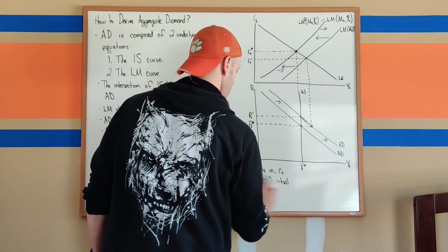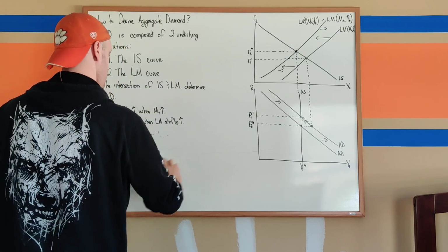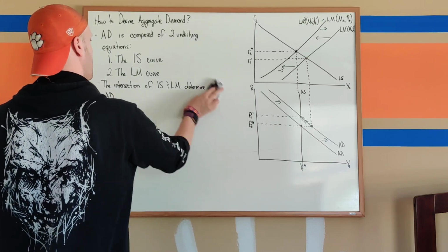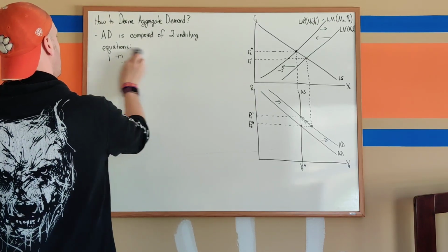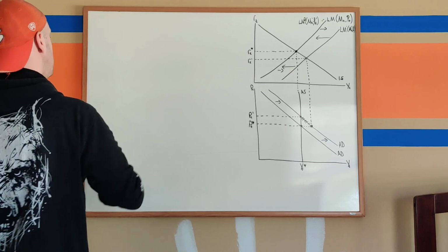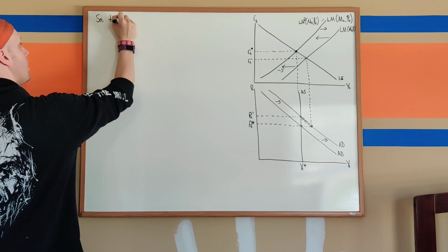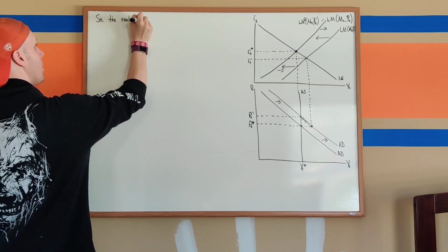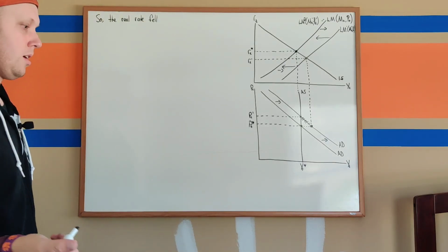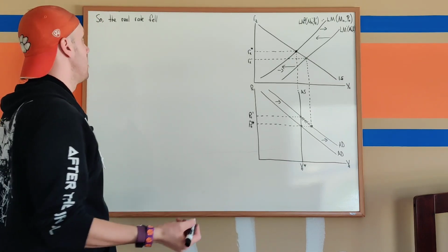Well, if you remember, there's that Fisher equation thing that I showed you that related real and nominal interest rates. So you're probably thinking the real rate fell, at least at first, but I thought this had monetary neutrality. If it had monetary neutrality, why is the real rate falling at all?